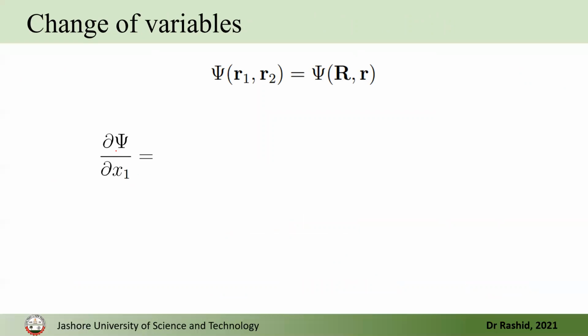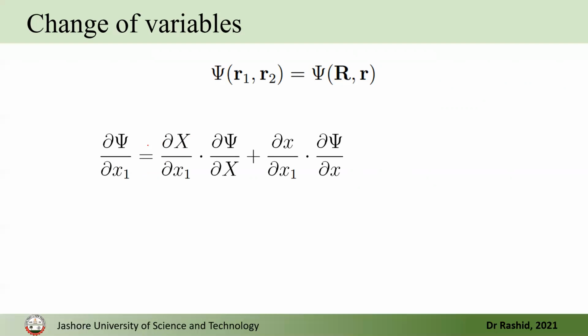For that, let's take the derivative of psi with x1, because R1 has three components, x1, y1, and z1. If we do so, we have dX by dx1.